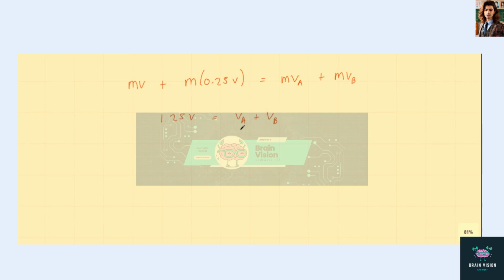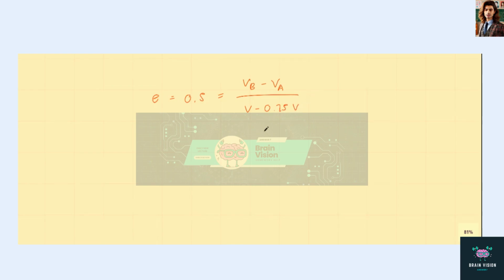So we have an equation here with essentially two unknowns. And again, we'll apply the coefficient of restitution. E is equal to 0.5, and the relation relating the coefficient of restitution to the velocities, E is equal to VB minus VA over V minus 0.25V.